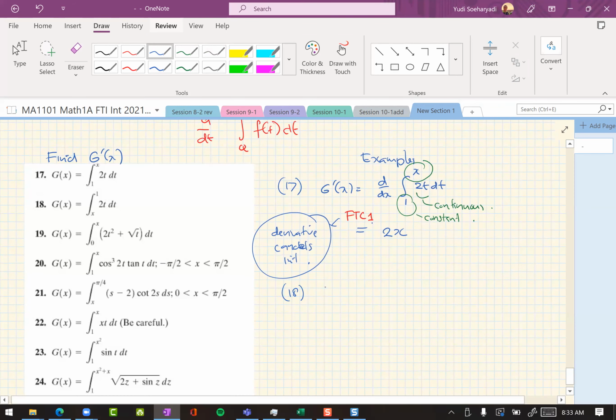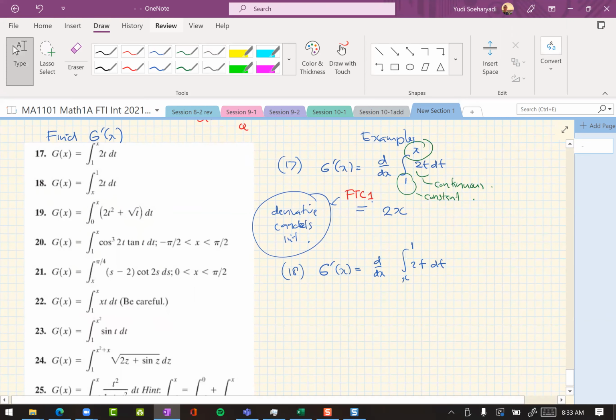G prime is d/dx of, so same as the above, except that the upper and lower bounds interchange, switch. So let's switch the integral first.